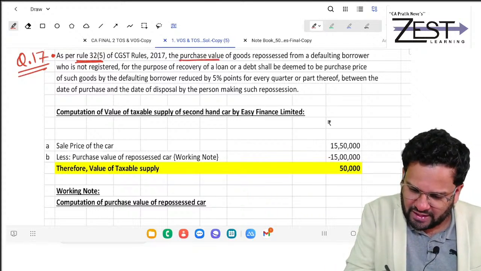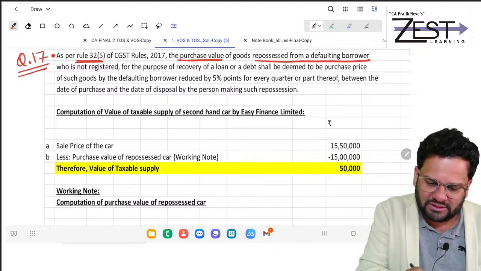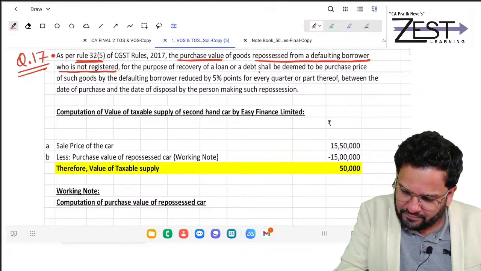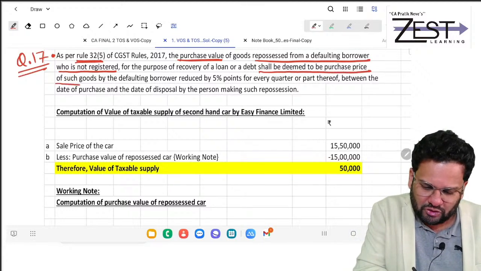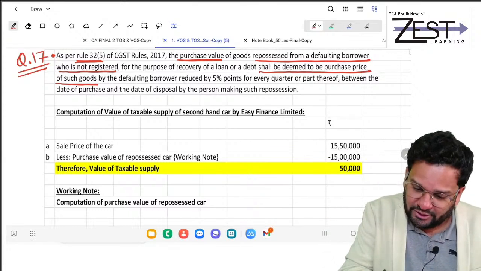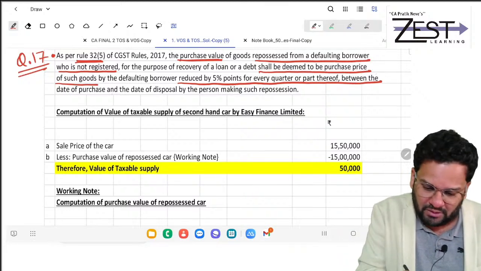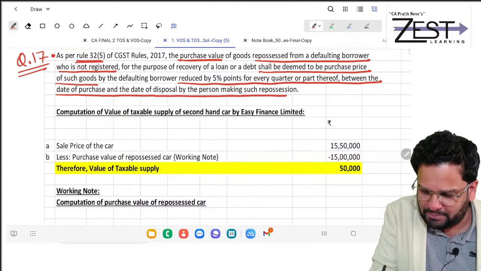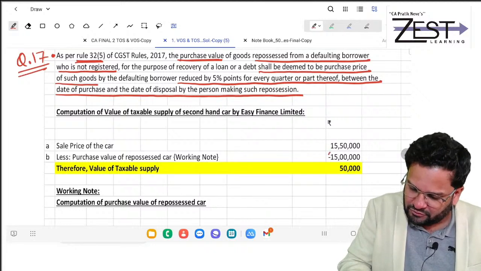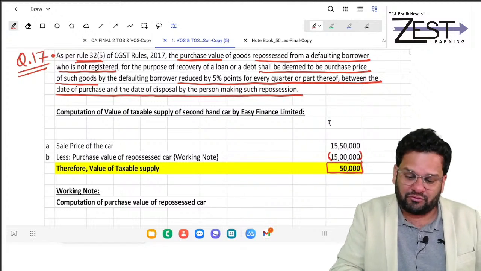The purchase value of goods repossessed from a defaulting borrower who is not registered shall be deemed to be the purchase price of such goods, meaning 20 lakh, by the defaulting borrower reduced by 5 percentage points for every quarter or part thereof between the date of purchase and disposal by the person making such repossession, and show this computation: 15 lakh 50,000 minus 15 lakh, assessable value 50,000.